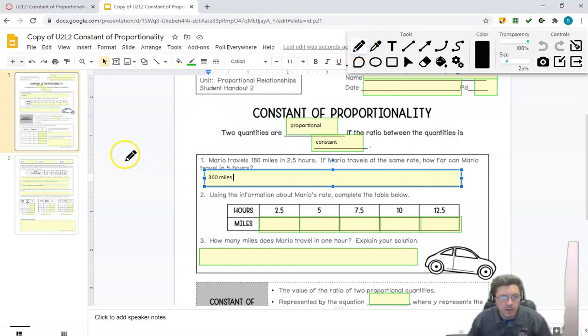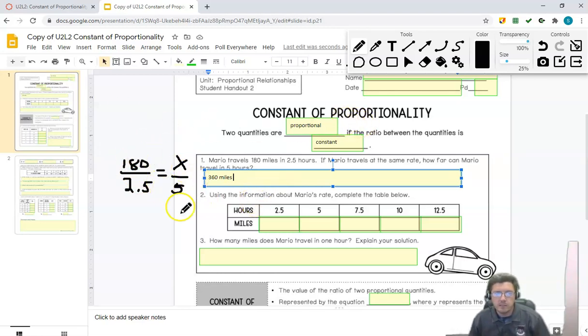So we could have done 180 over 2.5 equals our unknown mileage over 5. And we're going to use this proportion equation when we have fraction equals fraction a lot. Alright?